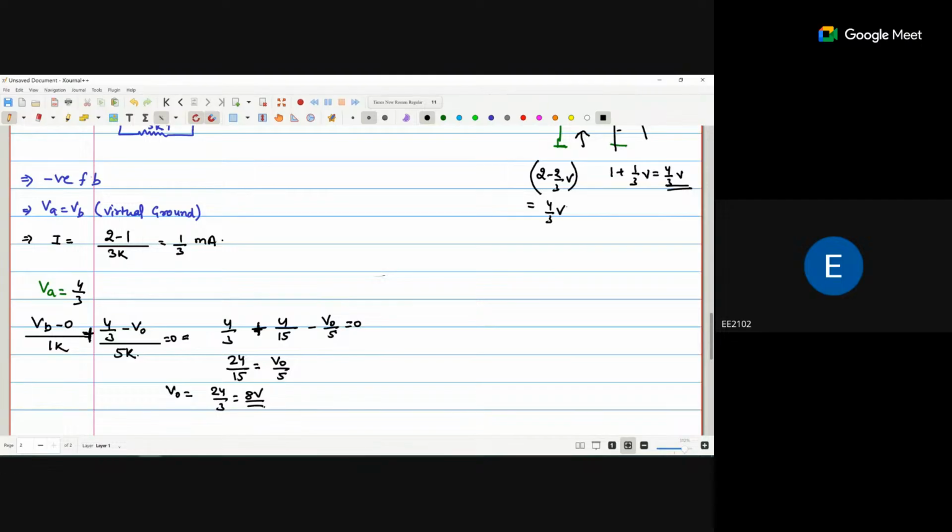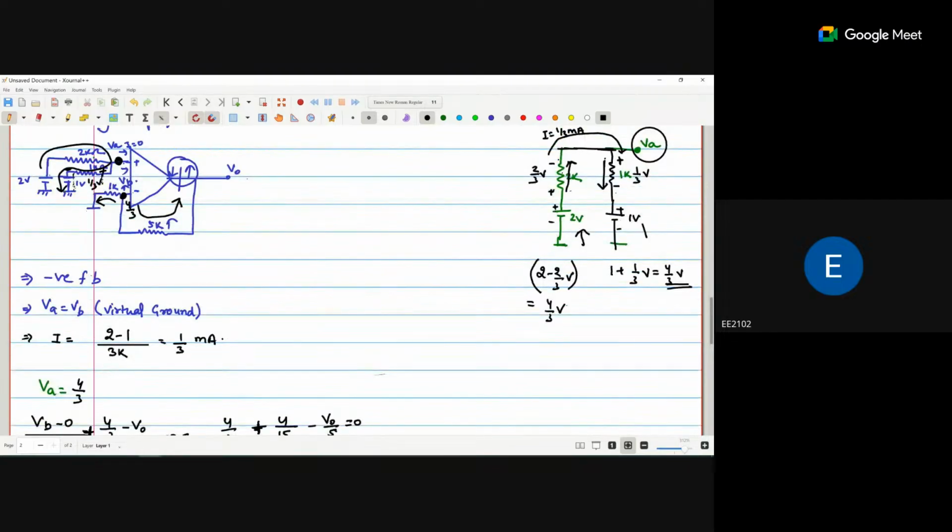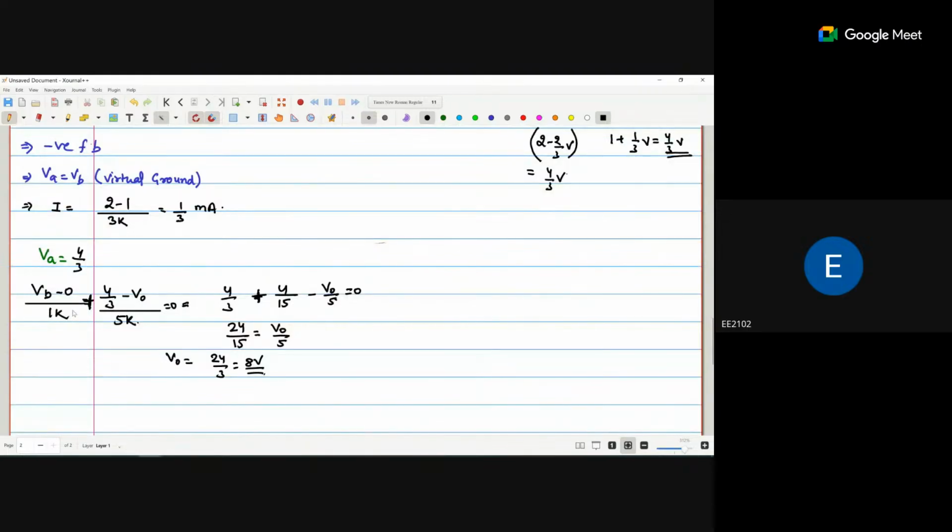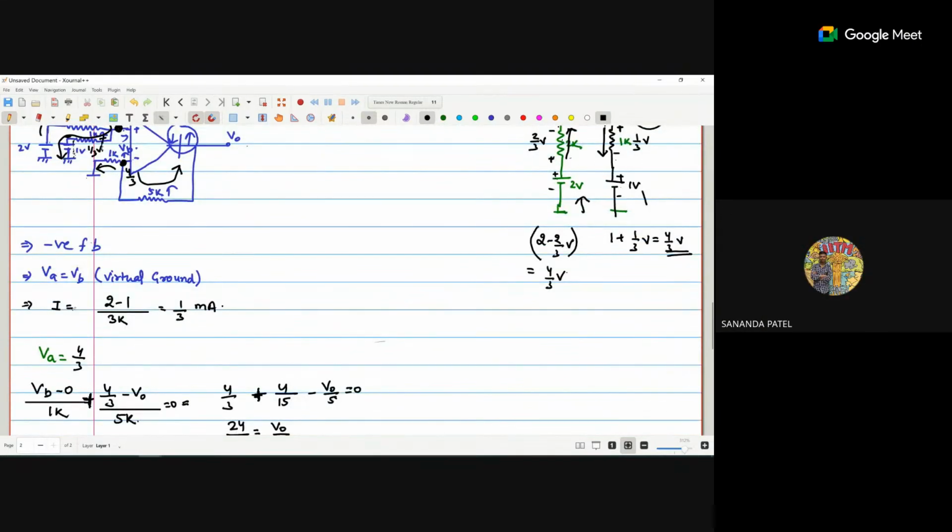Clear? Any doubt? Yes, any doubt? Sir, in the negative inverting input, why did we consider that the current is outgoing? Wait a minute. Your voice is very low. Just wait a minute.